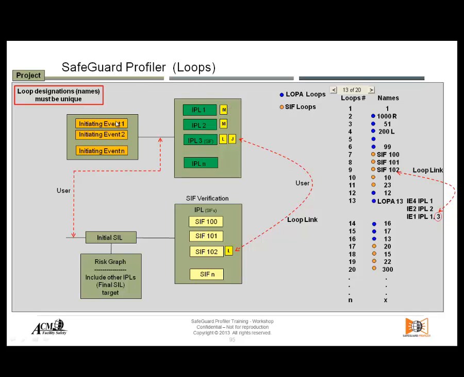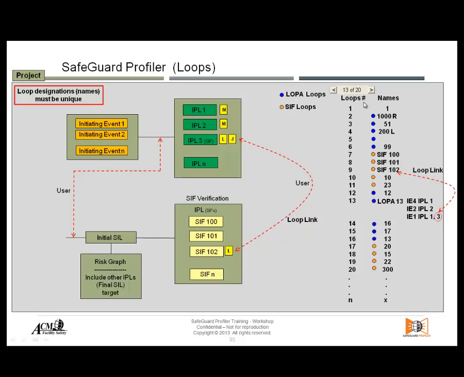We can see here the same representation as before, the initiating events. We have the independent protection layers, and independent protection layer number 3 is a safety implemented function, which is linked to safety implemented function 102, for example. That's what we call the loop link. So we're linking 2 loops together.